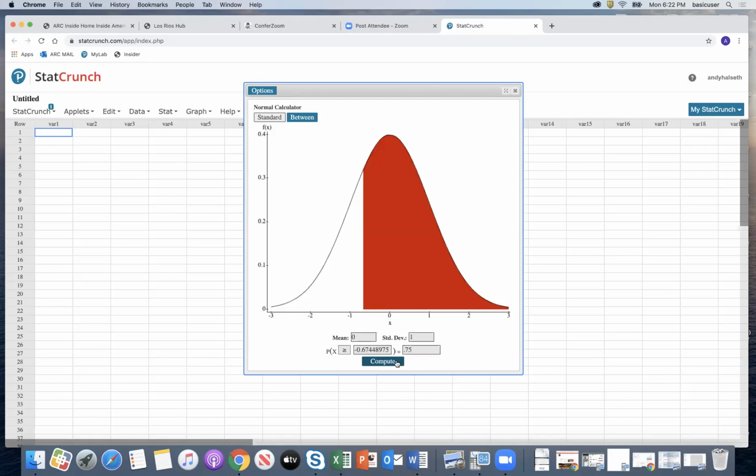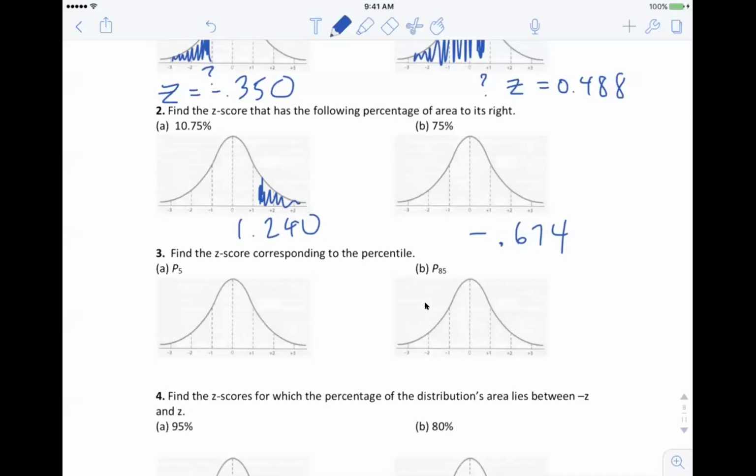What about percentiles? A little word about percentiles. If I'm looking back at the handout, percentiles, for example, P5 means, if you were in the 5th percentile on a test, that means you did better than 5% of all the students who took it, so not so good. That would be 5% to the left.